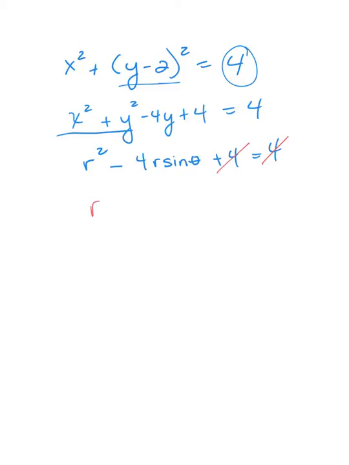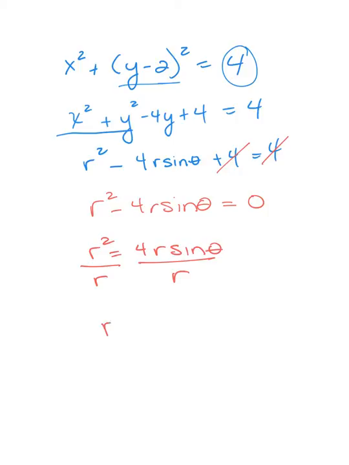So now I have r squared minus 4r sine of theta equals 0. So if I move that 4r sine of theta over, I have r squared equals positive 4r sine of theta. And if I divide both sides by r, I get r equals 4 sine of theta.